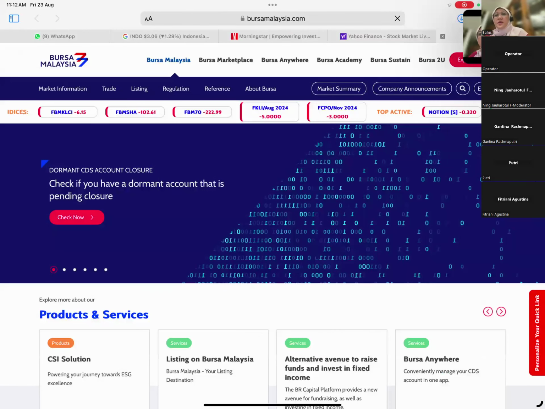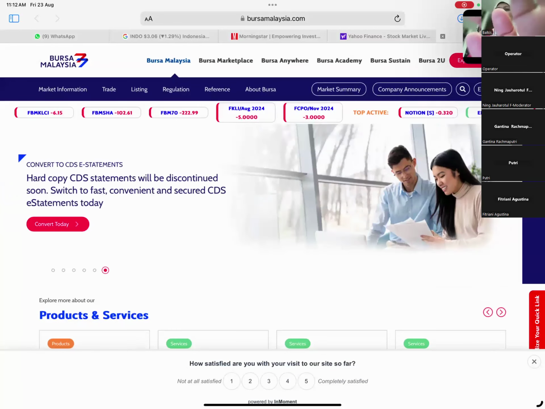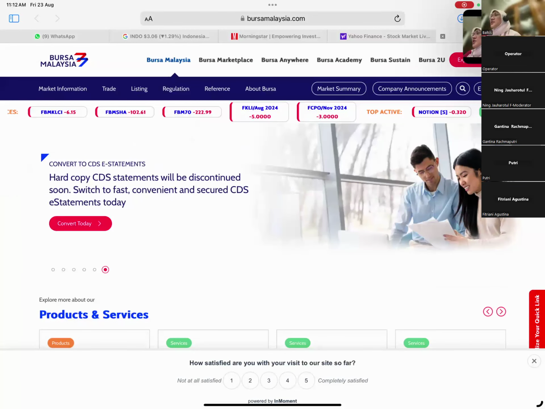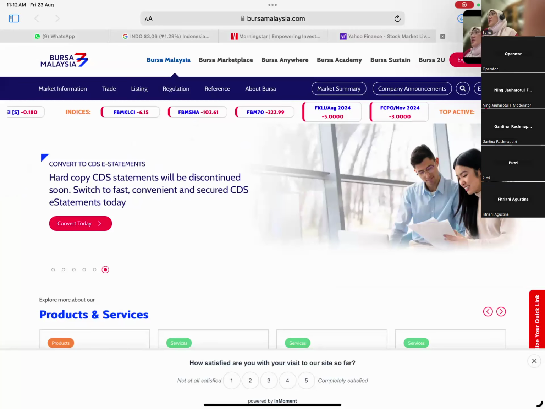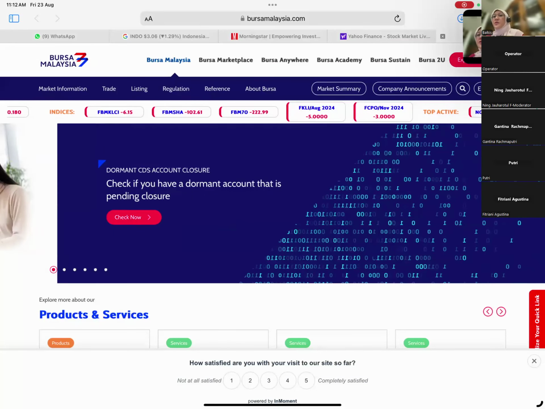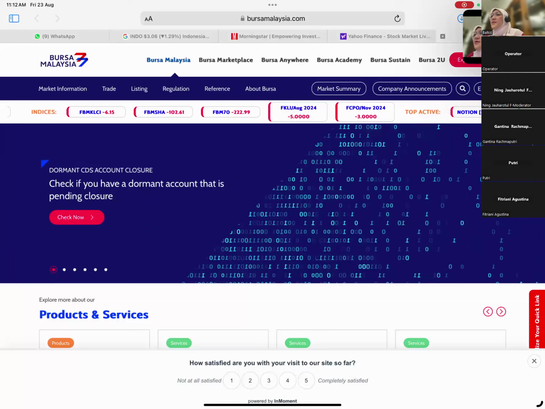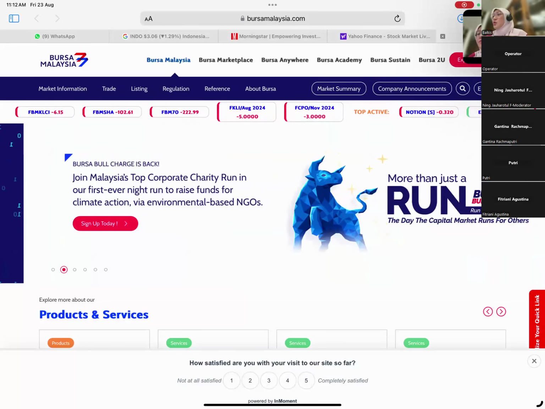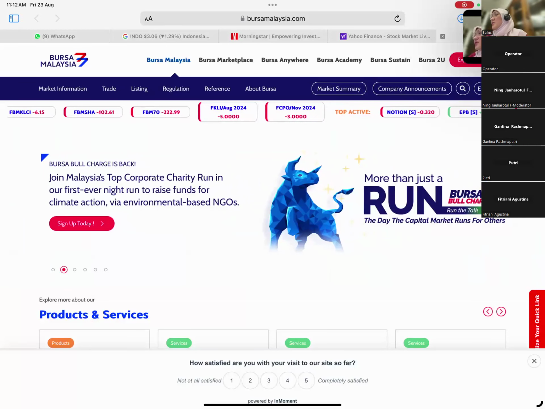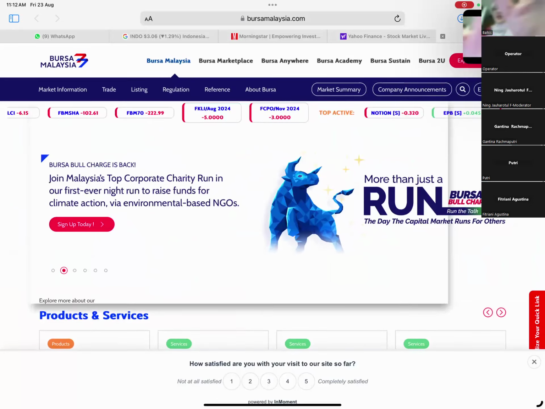So here, Bursa Malaysia, FBM and KLCI. Even though we call it Bursa, we call it FBM. F means FTSE. So we have FBM 70. What does it mean by FBM 70?